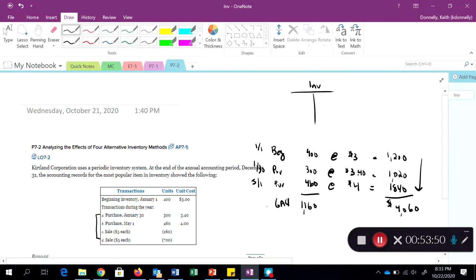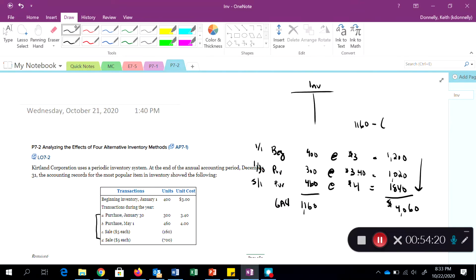So in this case, how we would get our ending inventory, we would take our goods available for sale minus, in this case, look at this here. Okay.